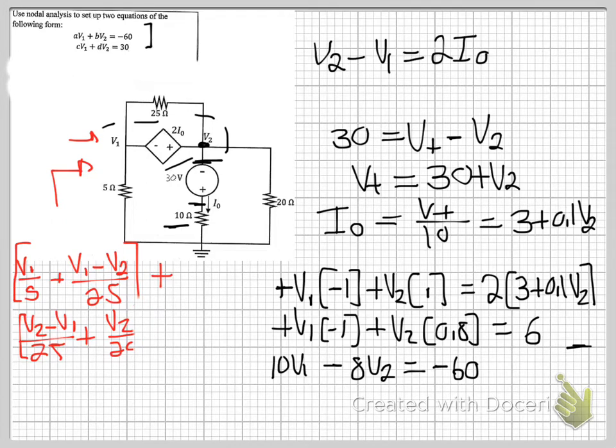I had almost forgotten that this source here, which is a voltage source, can also be seen as your source transformed current source, like that. So you've actually got a current here in the form of 30 over 10, which is your 3 amps.